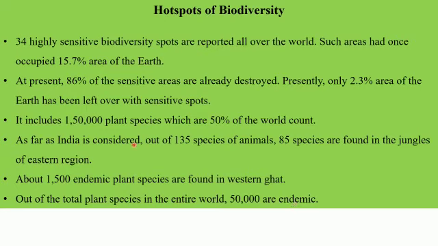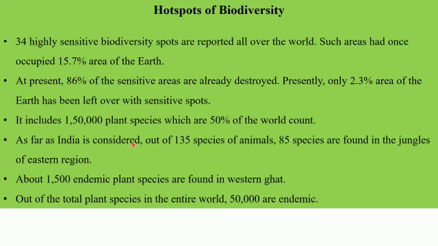So seeing all these figures, we realize that the condition is very severe and vital steps need to be taken in order to save the biodiversity, especially those species which are endemic and are found only at certain places. They need to be conserved.